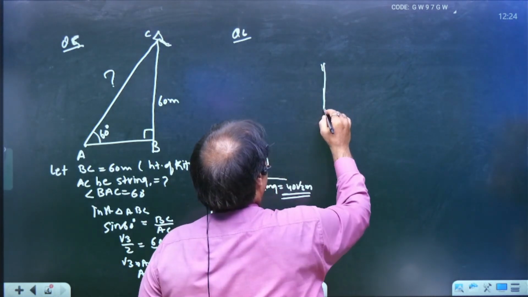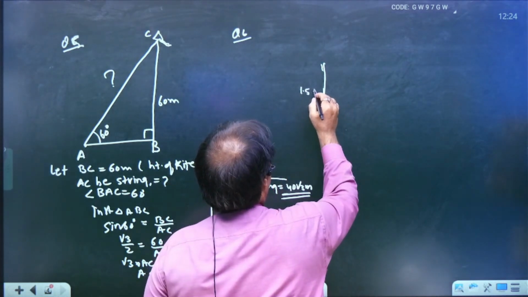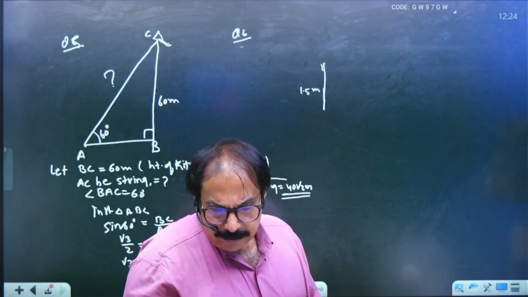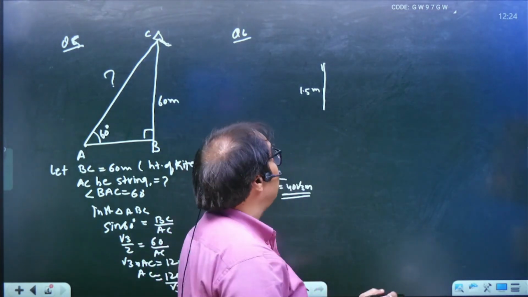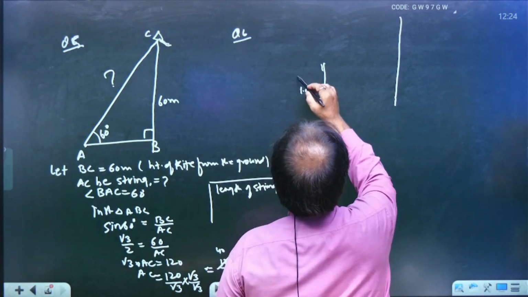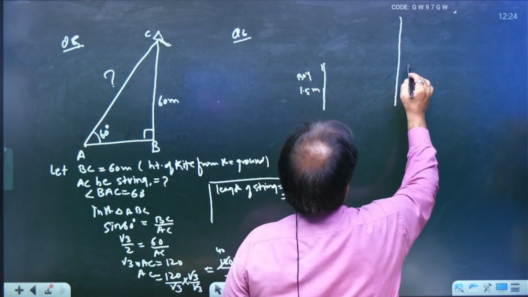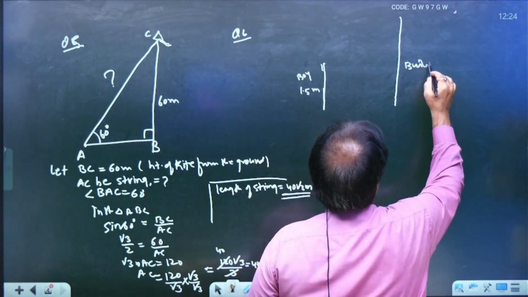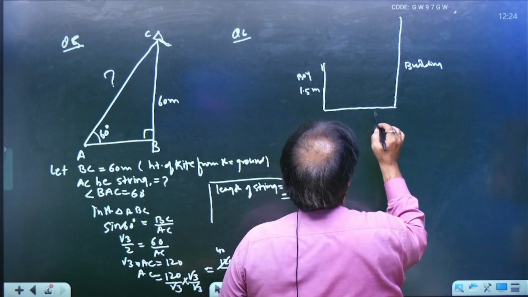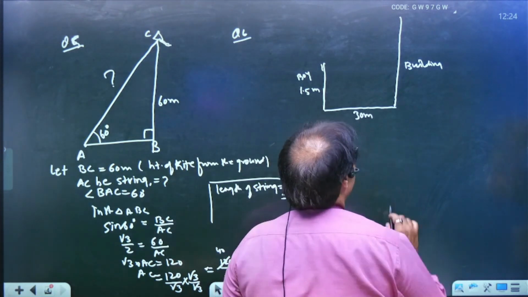So 1.5 meter tall boy is standing at some distance from 30-meter tall building. Suppose this is a building. This is boy and this is building. Okay. And the distance of the building and the boy is given 30 meter.